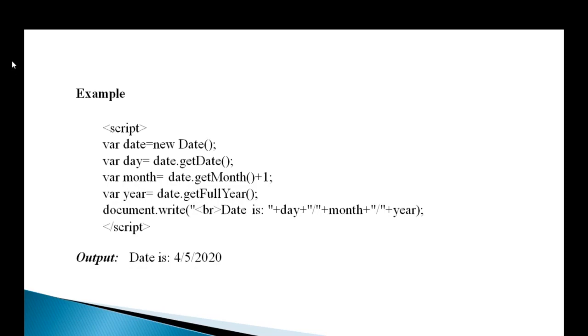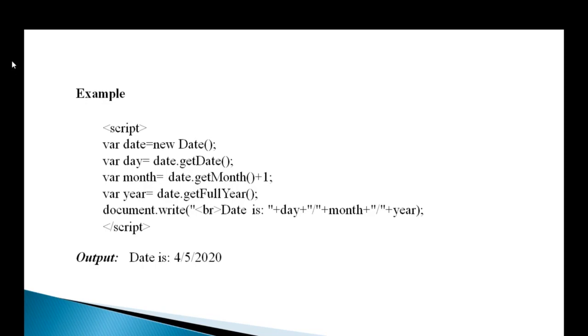Get methods: where date equals new Date, date.getDate. What will it do? It will get the date. Month: it will get the month. Similarly, year: it will get the year.